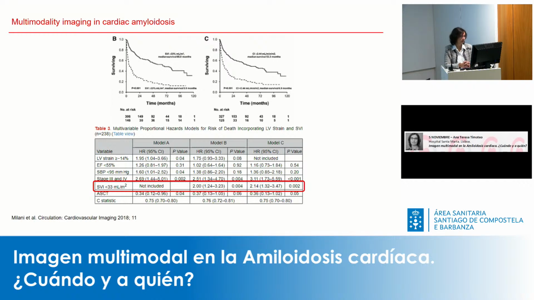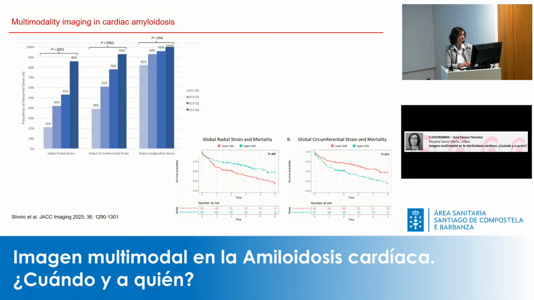As for prognosis, stroke volume index is an important prognostic marker, even in models that include left ventricular strain and other markers. So these can be useful for assessing prognosis.